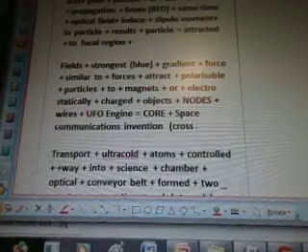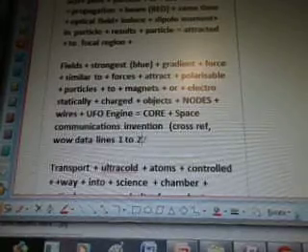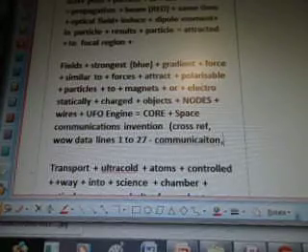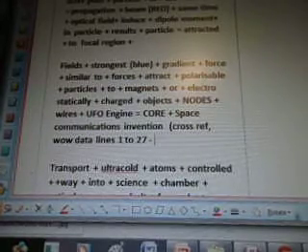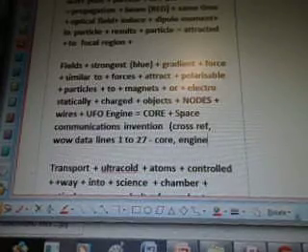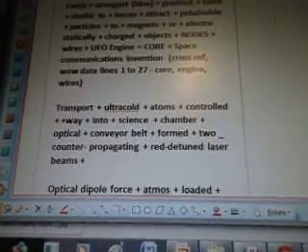Cross-reference with WOW data, lines 1 to 27. Communication. We'll just do core, because cores are usually put in core or engine. And then we'll go with wires, and we'll be able to find all the formulas to go with that.